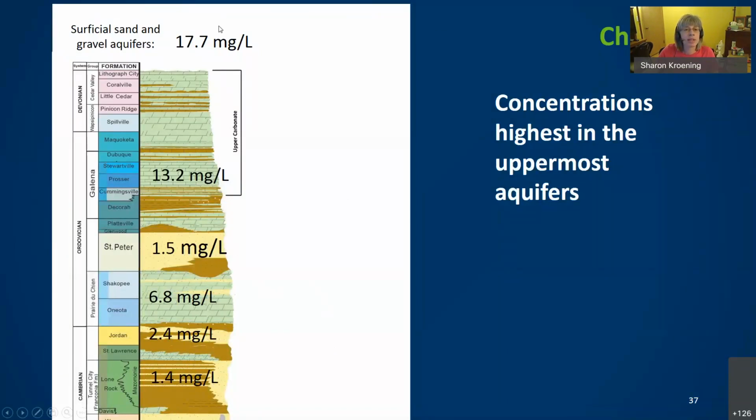We can see that the highest chloride concentrations typically occur in the sand and gravel aquifers, which are the uppermost aquifer, and it decreases as we go downward in the layer cake of bedrock aquifers that occur in the state. A pattern like this, when we find the highest concentrations in the uppermost aquifers, indicates that one of the main sources is probably pollution from the land surface.